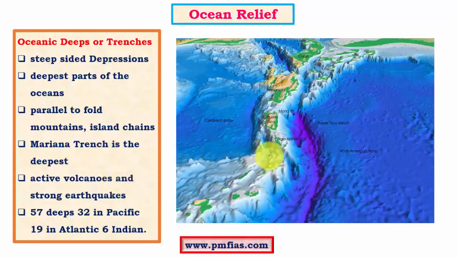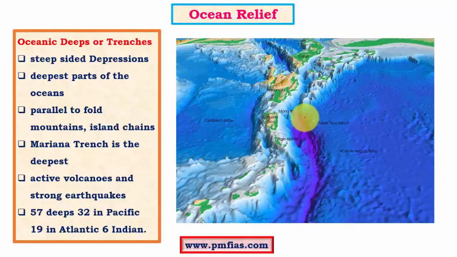So this particular region of trenches is a region of active volcanoes and very strong earthquakes. Here the earthquakes which are formed are called deep focus earthquakes, and there are various types of earthquakes, being shallow focus and deep focus. Shallow focus earthquakes are less destructive, whereas deep focus earthquakes are quite strong and very destructive. So most of the regions around trenches are hotbeds of earthquake activities.